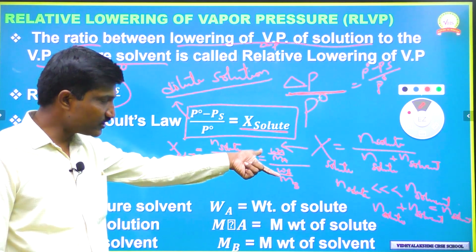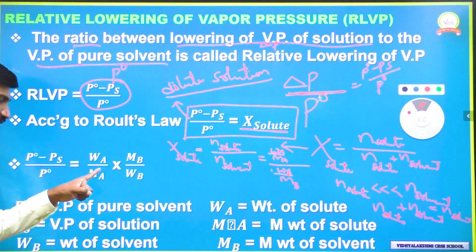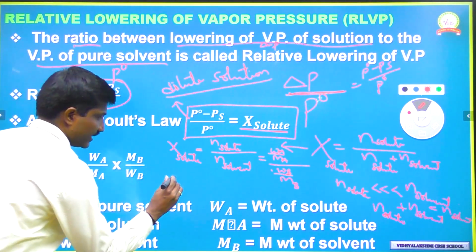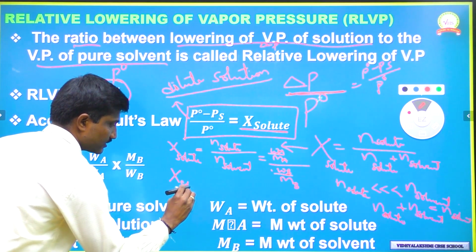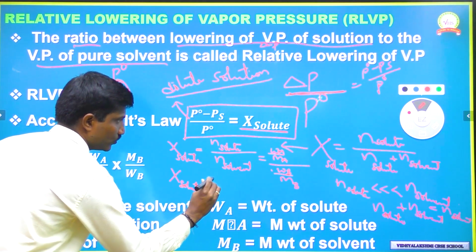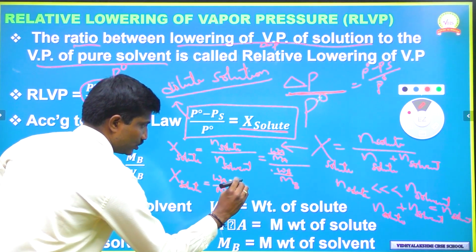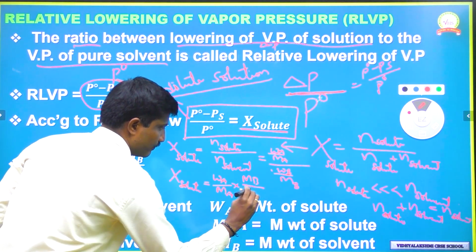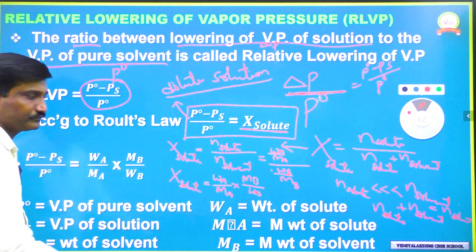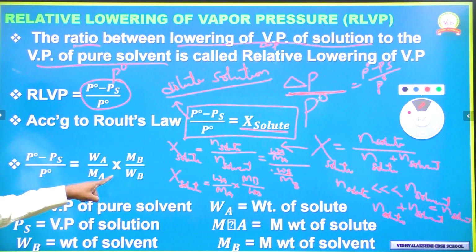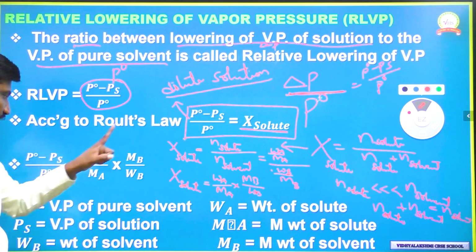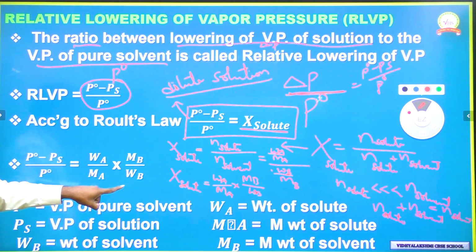If we rearrange this, then X solute is equal to Wa by Ma into Mb by Wb. So this equation we can write like this.